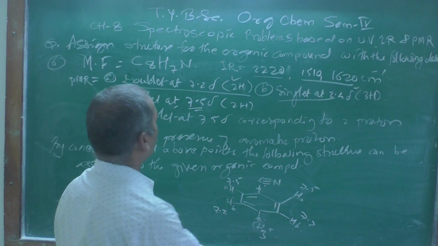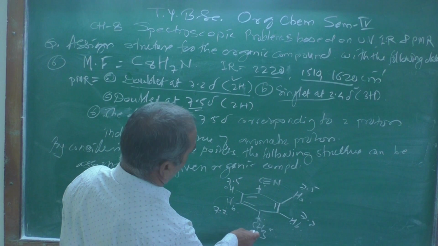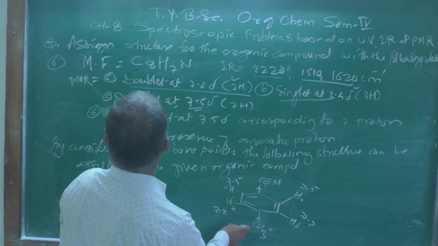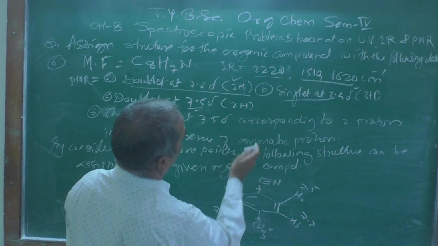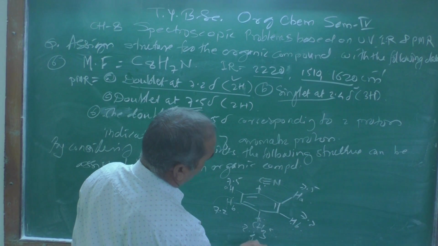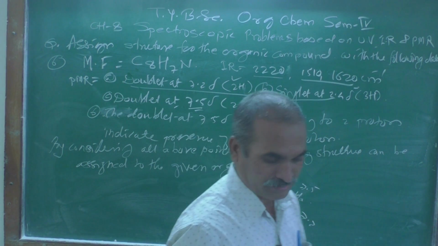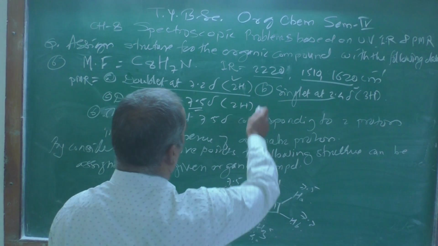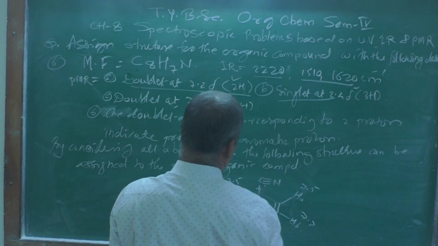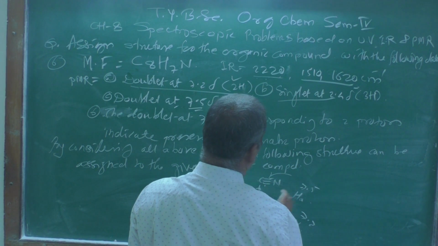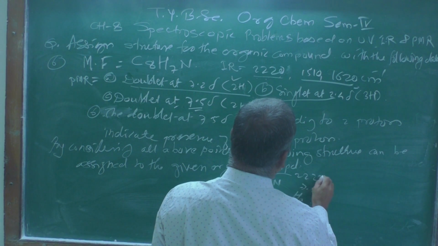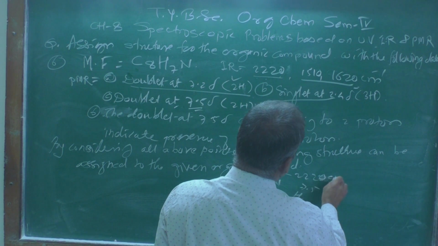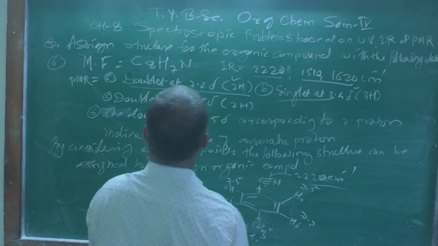And this methyl group shows 2.4 delta, and those values are given over here. Now the IR value, 2220 per centimeter, is due to the triple bond region, and this is also matching.